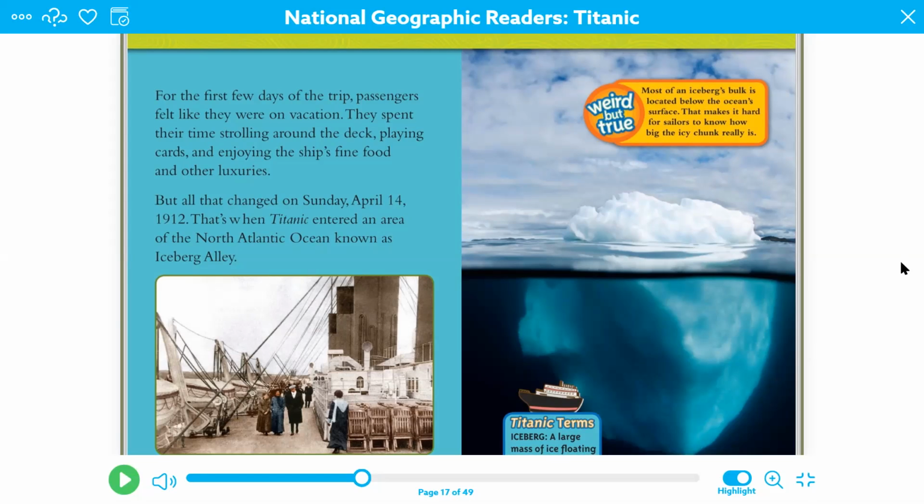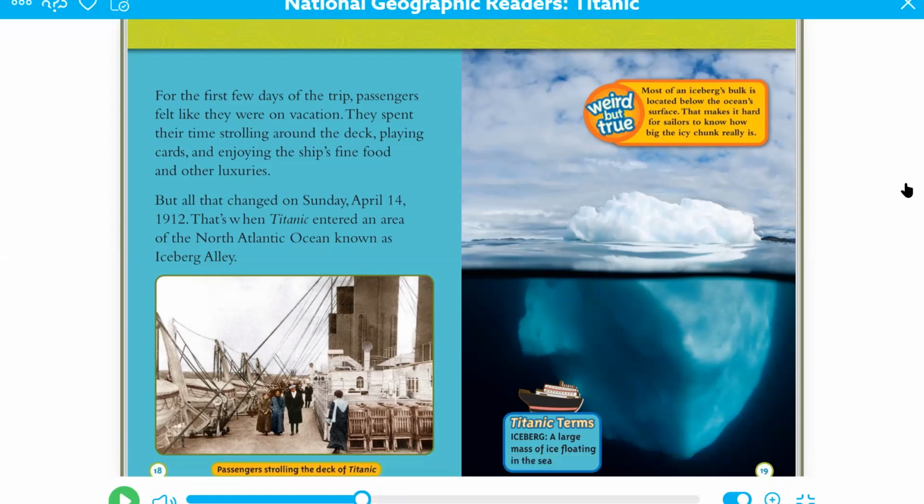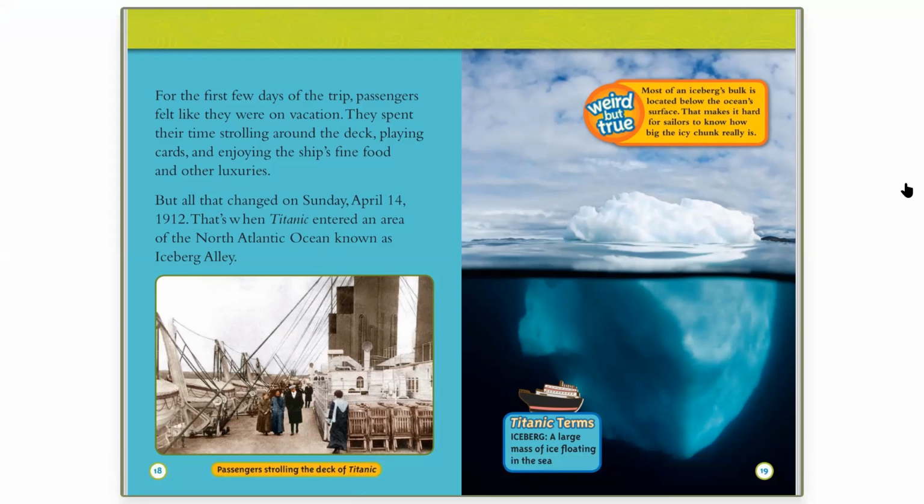So looking at this picture, do we have a better idea of how icebergs are formed and how they look? Is the iceberg just this little tiny piece on top of the water? No. This picture is so important because it shows us how big an iceberg can be, right?